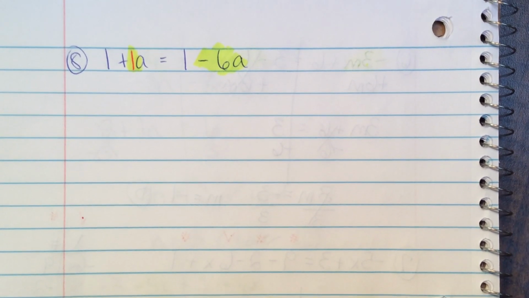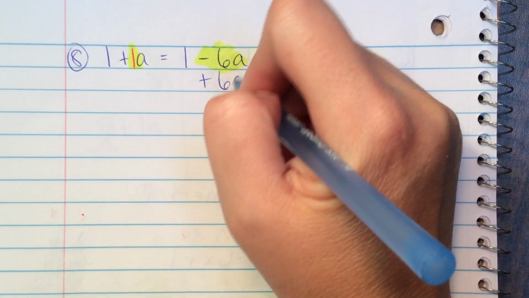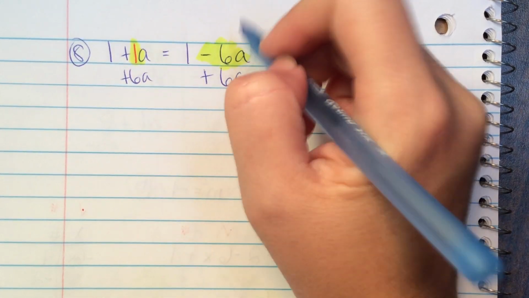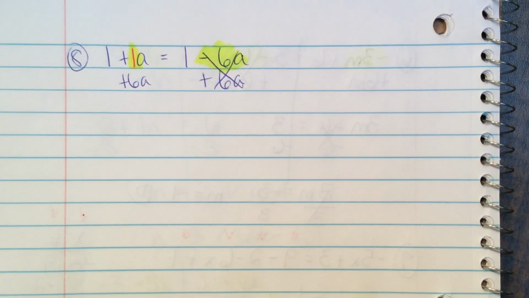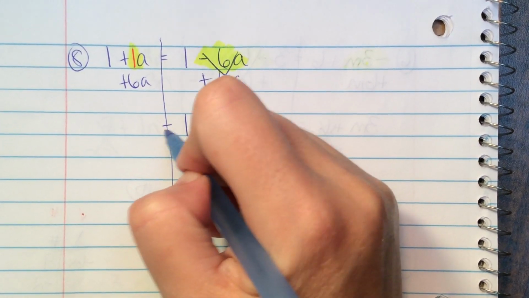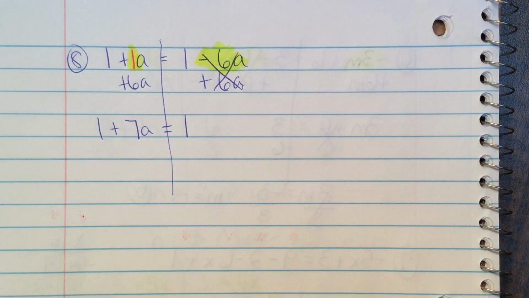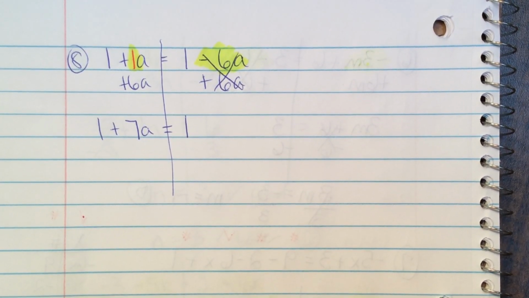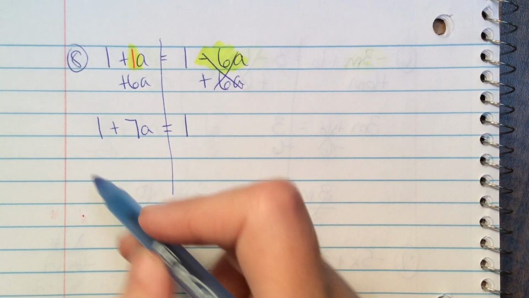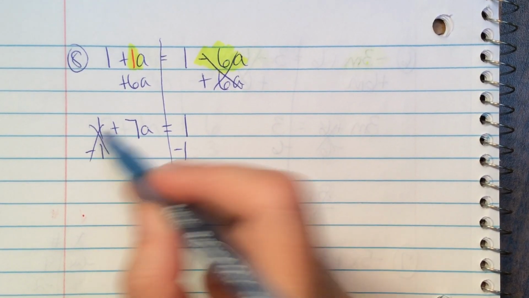So we're going to move that 6a, that negative 6a actually. So we're going to add 6a to both sides. So we're going to get 1 equals 7a plus 1. Then we're going to subtract this 1 from both sides.